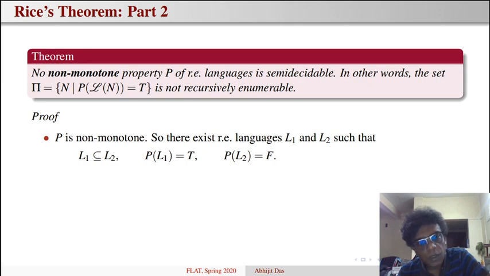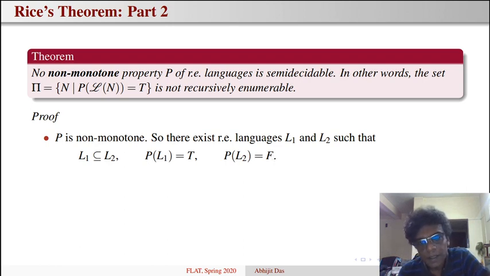If P is monotone, this kind of situation can never arise. Since it is non-monotone, I can find at least one counter example to monotonicity, like some language is getting bigger, but the property goes from true to false. Okay. Good.